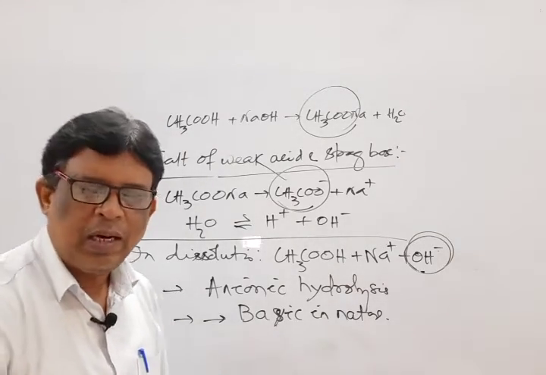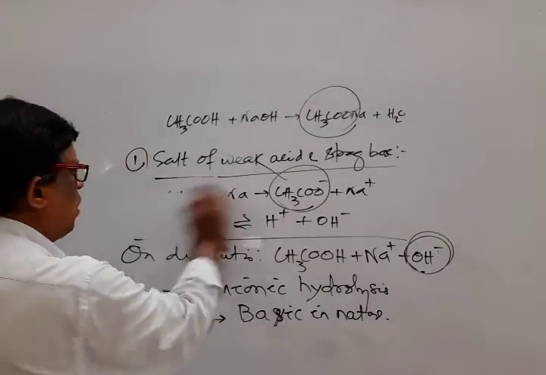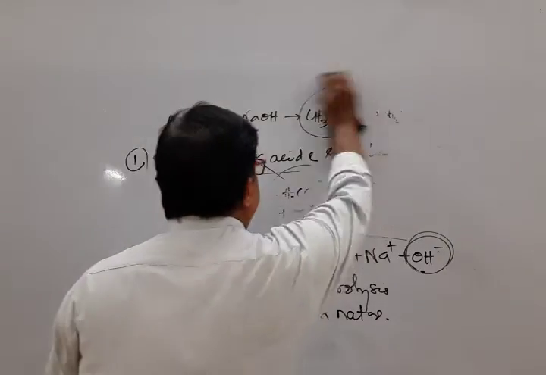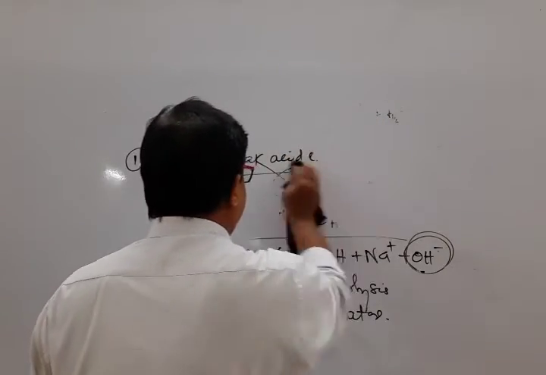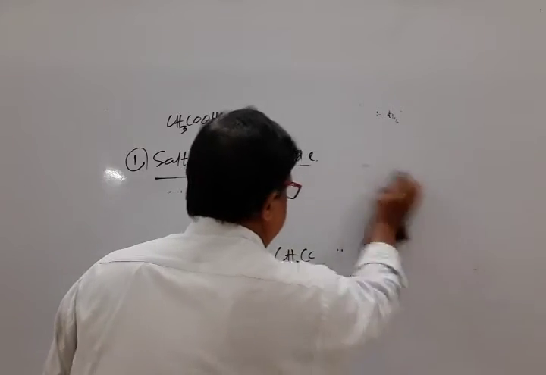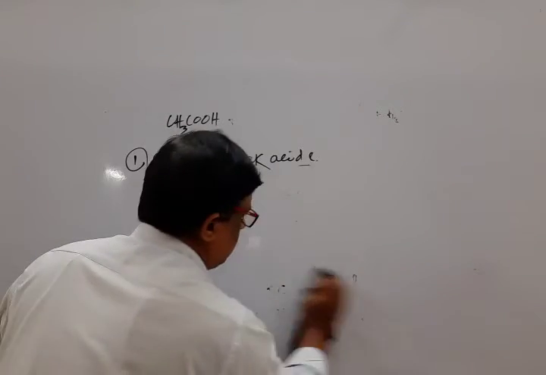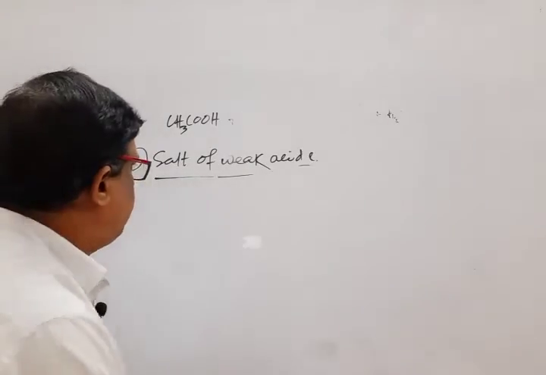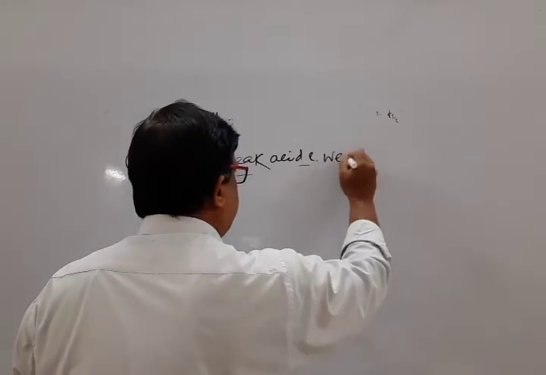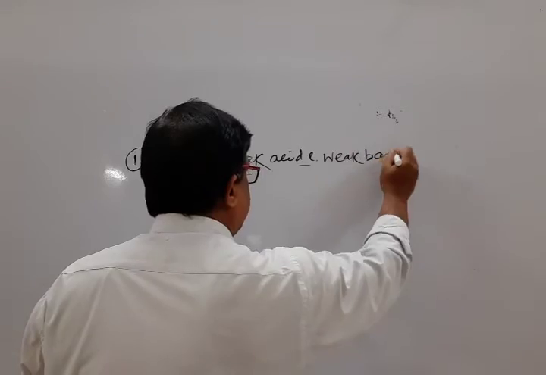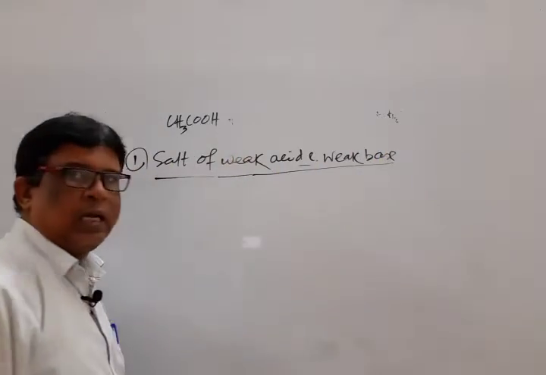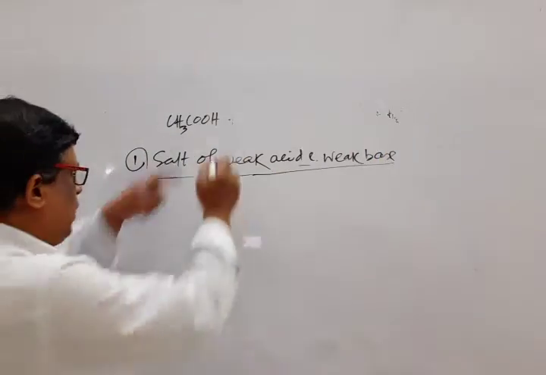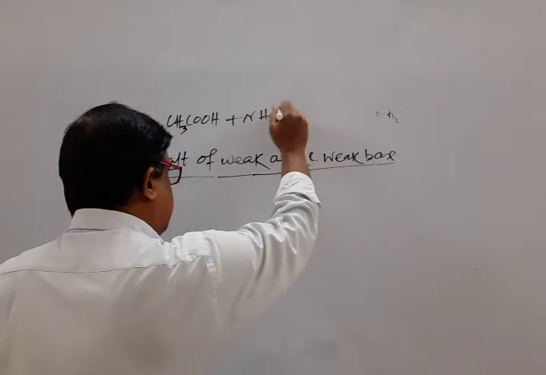So move to the last one, that means salt of weak acid and weak base. Let us discuss the last one. So many examples are there. Let us select one, that is weak acid and weak base.